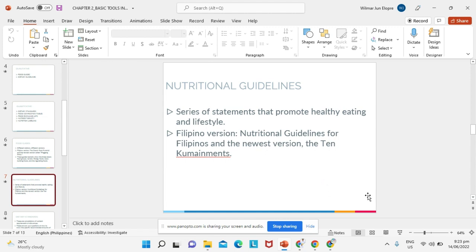Aside from diet, there are statements that emphasize exercise as well as avoidance of unhealthy vices like alcohol drinking and smoking. The 10th or the last statement is concerned with attaining a holistic healthy lifestyle.